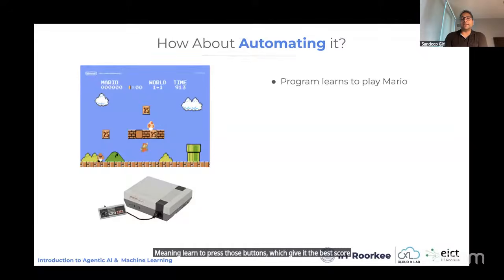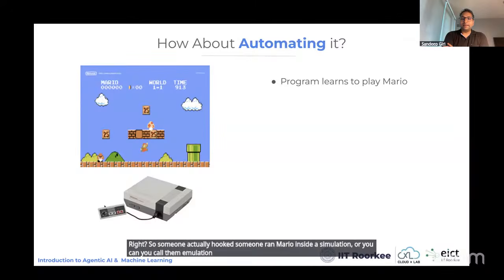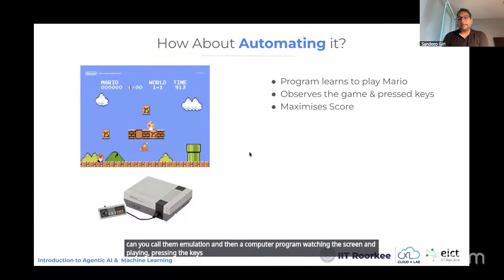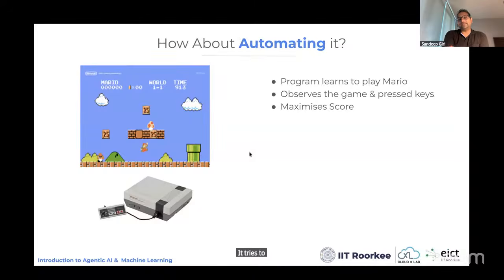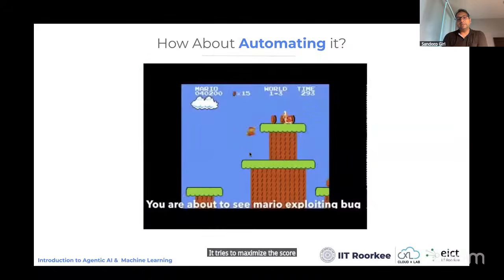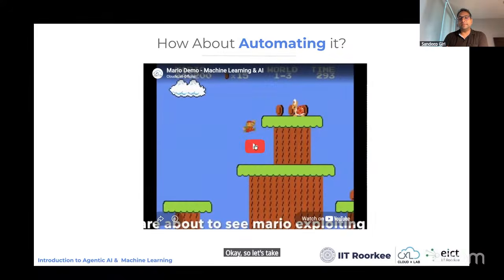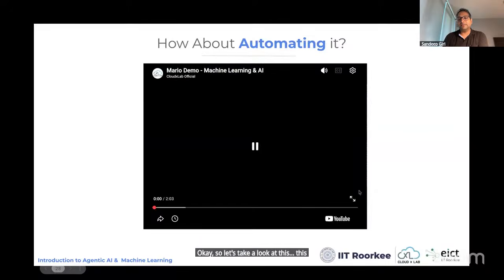Someone ran Mario inside a simulation, or you could call it emulation, and then a computer program watching the screen and pressing the keys tries to maximize the score. Let's take a look at this amazing experiment.